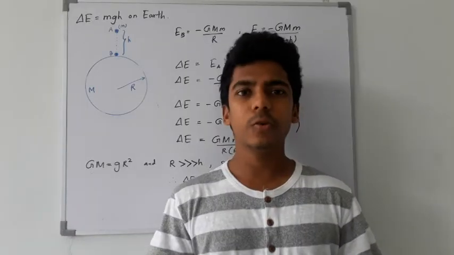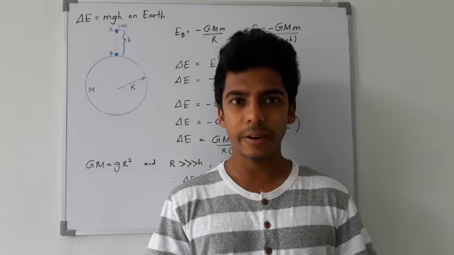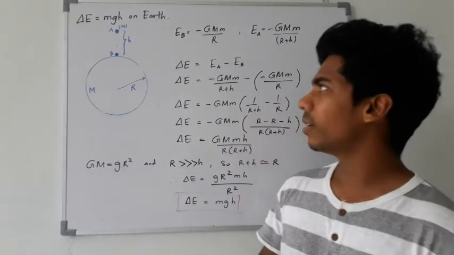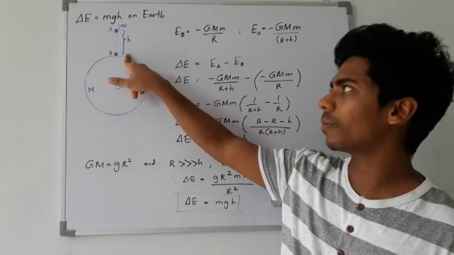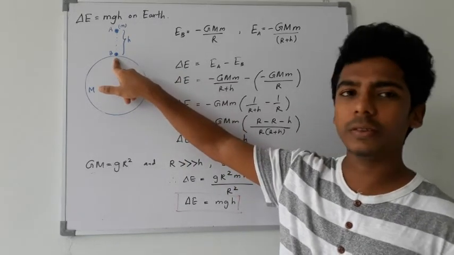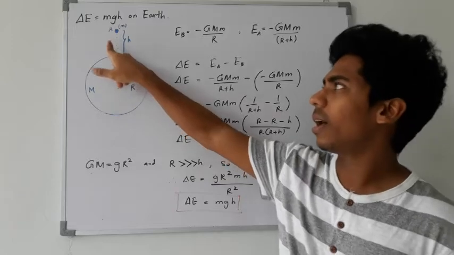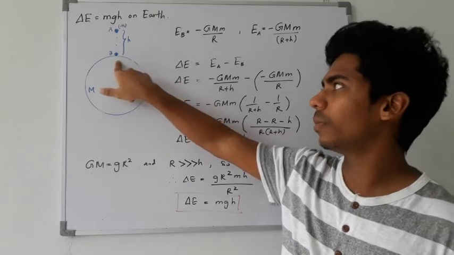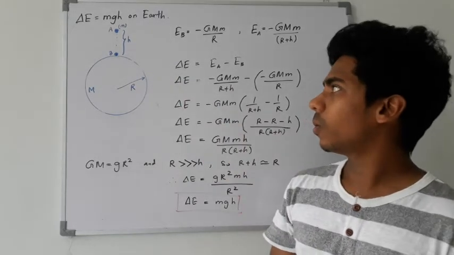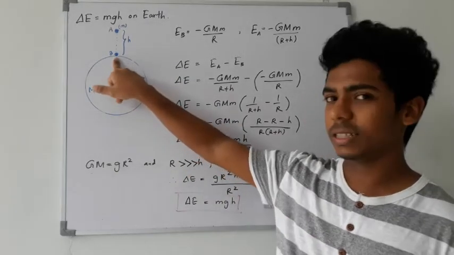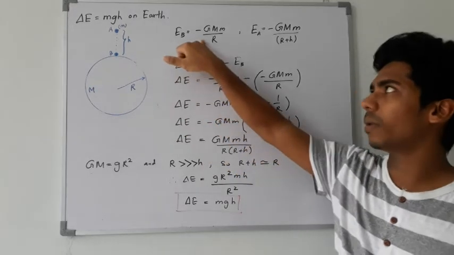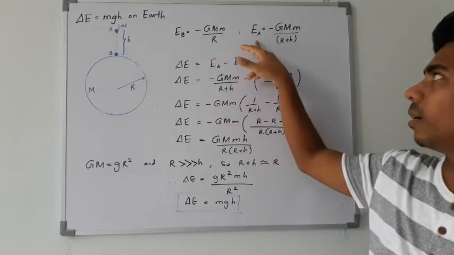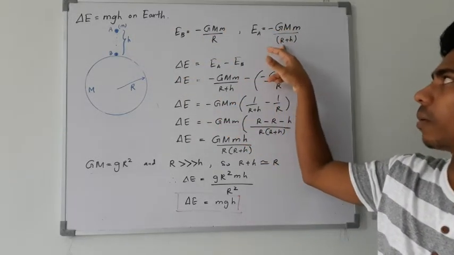In mechanics, we use mgh as the change in gravitational potential energy. Here I am going to derive that. So here I consider a mass m is moved from B to A. B is a point on the Earth's surface, and A is a point at height h above the Earth's surface. So I can write the gravitational potential energy at point B, that is EB is equal to minus GMm over R, and at point A, that is minus GMm over R plus h.